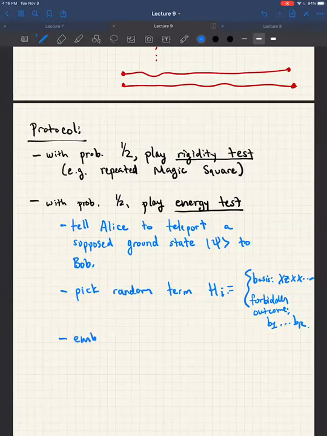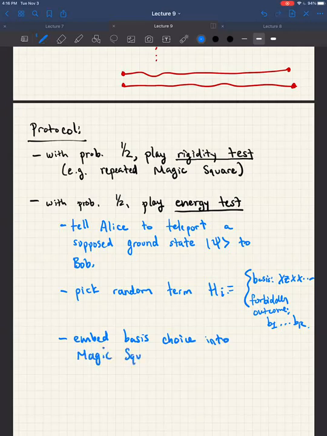And we're going to embed this basis choice into magic square questions. So Bob is just going to get a bunch of magic square questions. And because of the rigidity test, we know that he's really going to perform this basis measurement as we expect him to.